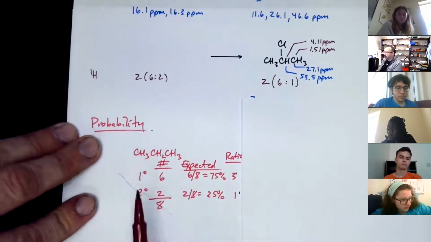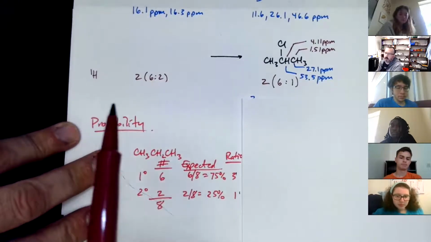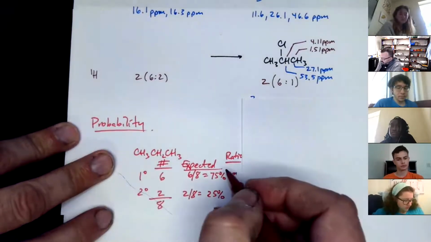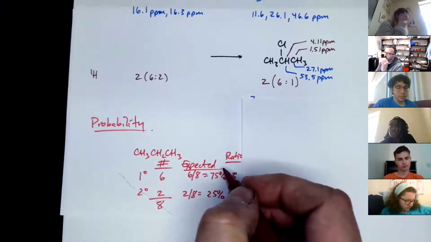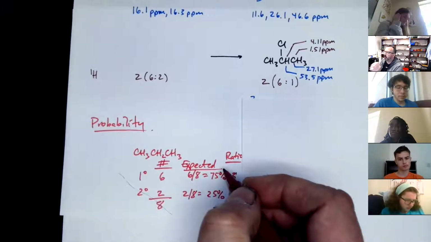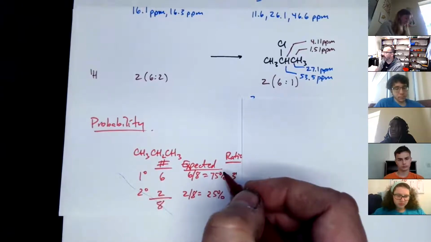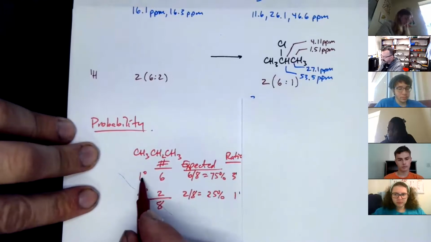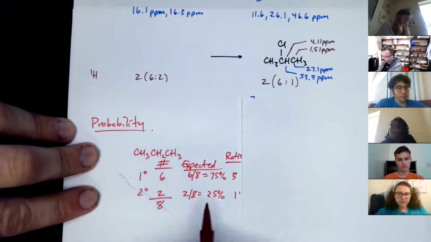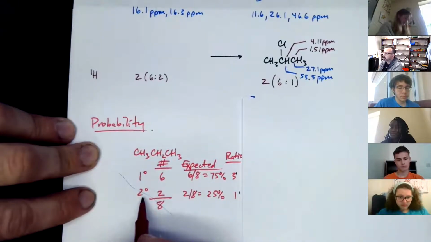Now, what are we doing with this piece of logic? Again, it's a thought experiment. If you think about taking propane, you mix it with some chlorine gas, you run the reaction, and you're able to isolate the products, you would expect 75% of that product distribution to come from substitution of the primary. 25% from substitution of the secondary, yes?